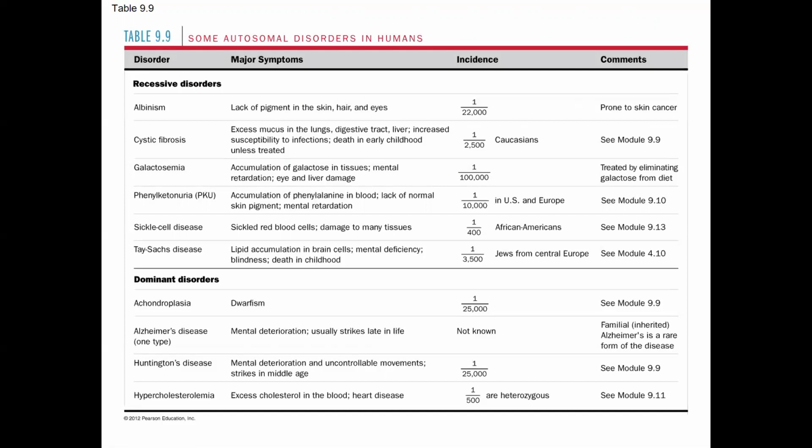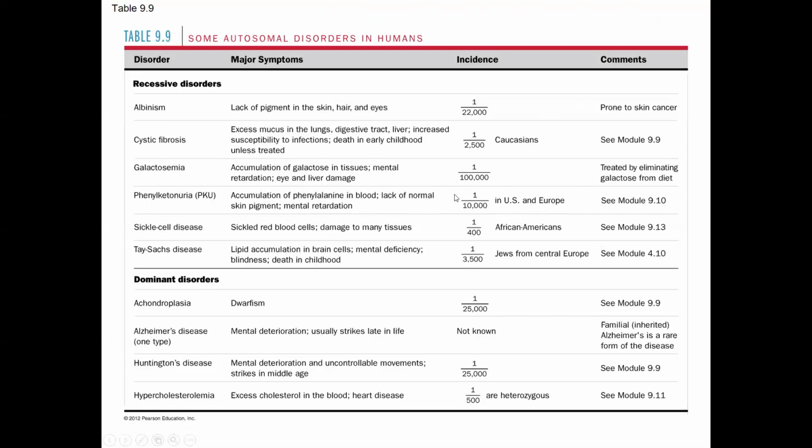For cystic fibrosis, there is a 1 in 2,500 chance that a Caucasian individual will be born with CF. Phenylketonuria, PKU, which is the accumulation of phenylalanine in the blood, is 1 in 10,000 individuals.